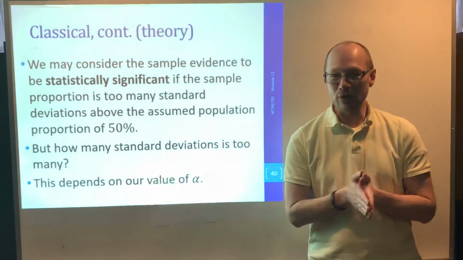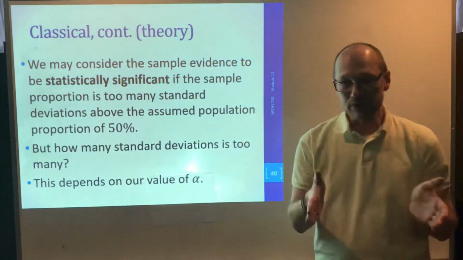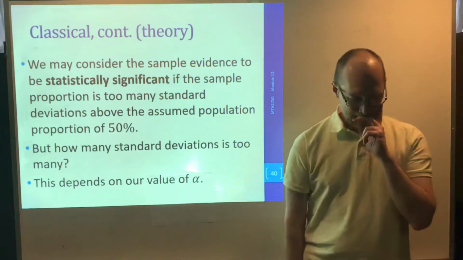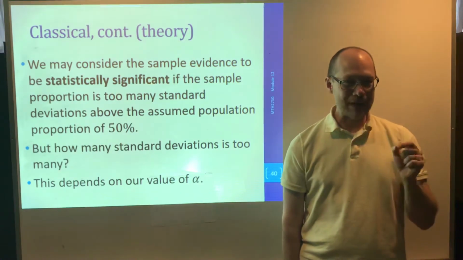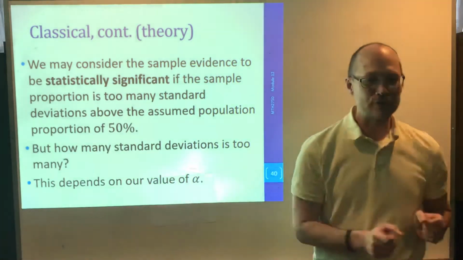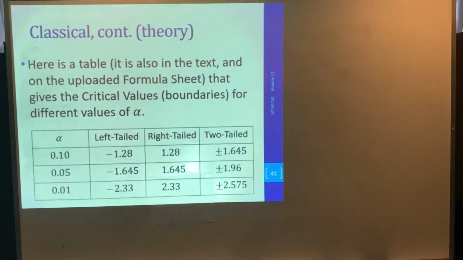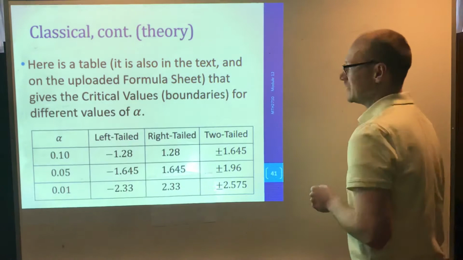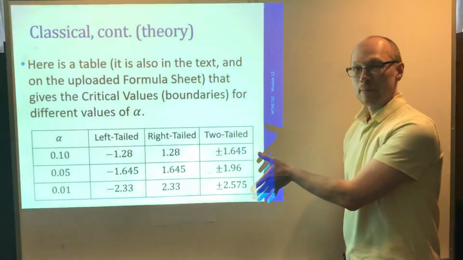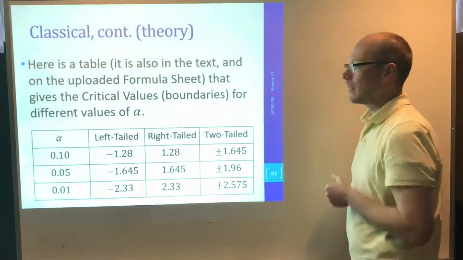Whatever our value of alpha is, that determines where we are. And if we went back to the previous slide, we could see. Well, I'll show you the chart next. This table is in your text. It's on that PDF of charts that I uploaded.